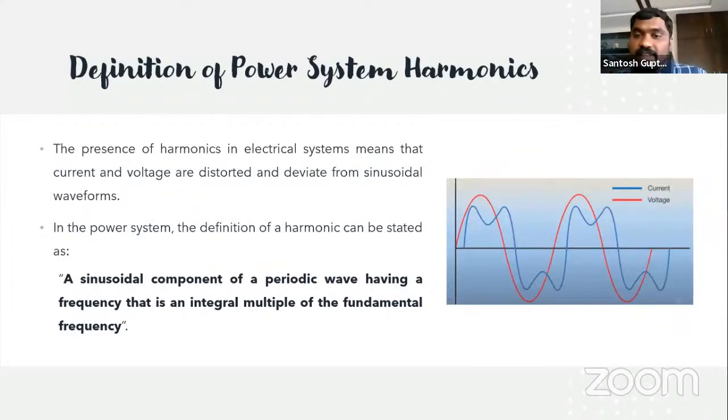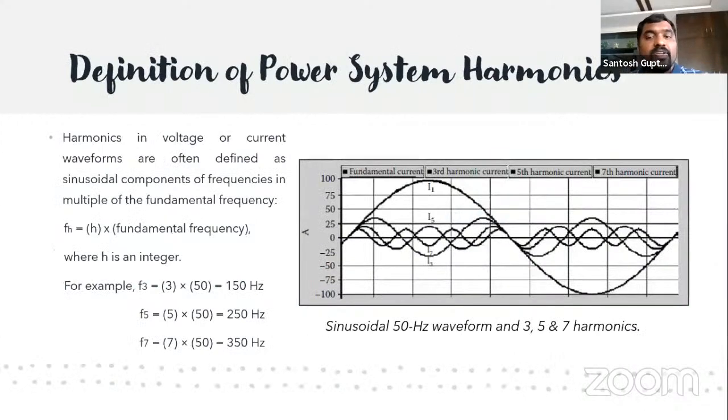We are going to see the effects of harmonics in the power system as well. This is a pure sinusoidal waveform of the fundamental frequency. This particular sinusoidal waveform is the third harmonic, and this one is the fifth harmonic.